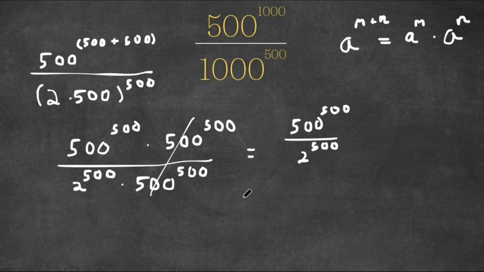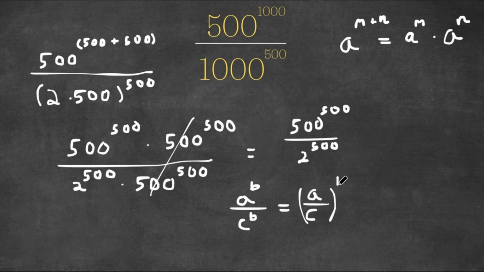Now, if we have something in the form a to the power of b over c to the power of b, this can be written as a over c to the power of b.